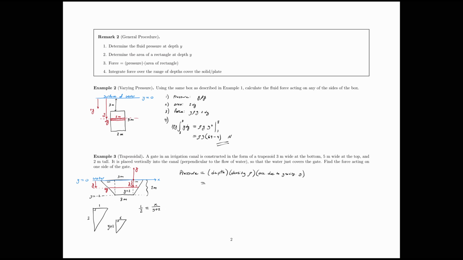But again, there's a difference between the y value and the distance between two things. So this y value, all the y values on this horizontal line are just y, but this distance is actually going to be top y value minus bottom y value. So the y value of the top line is y equals 0, and the y value on this bottom horizontal line is just y.